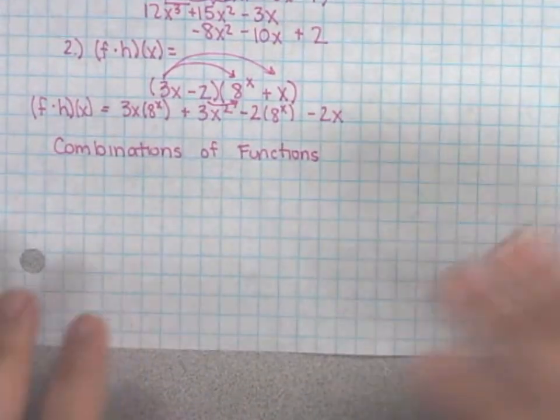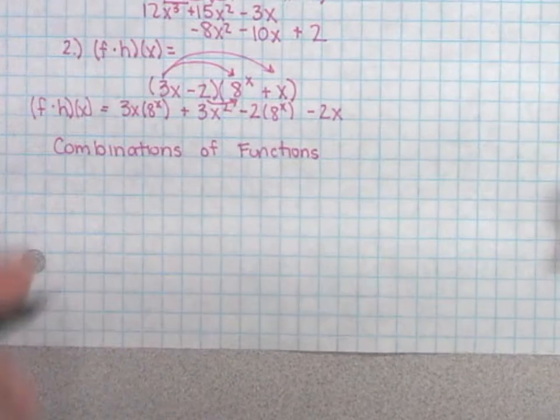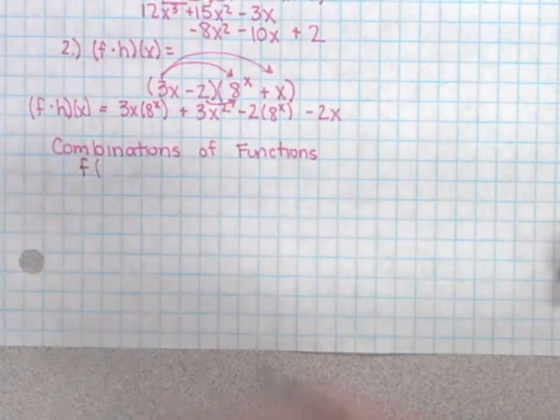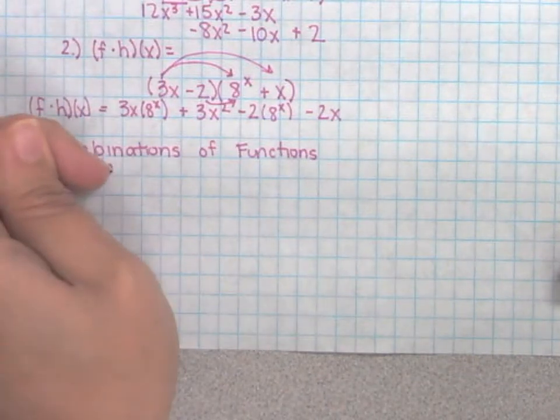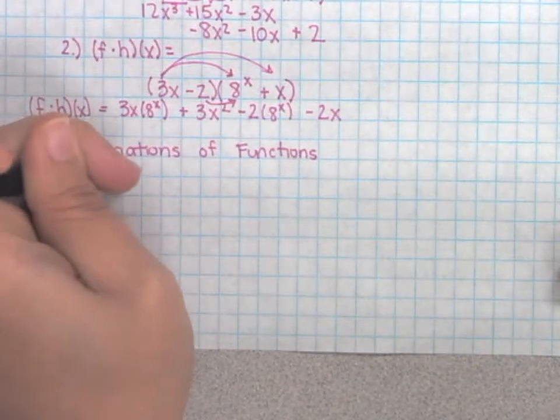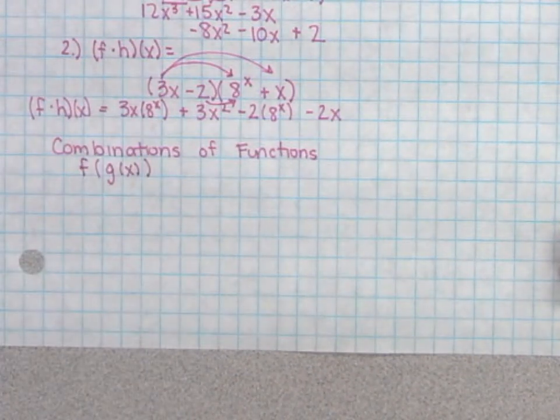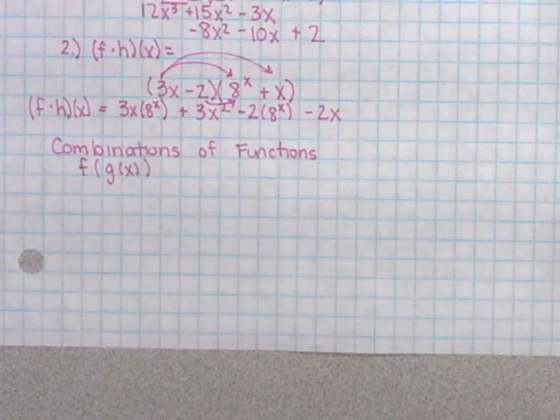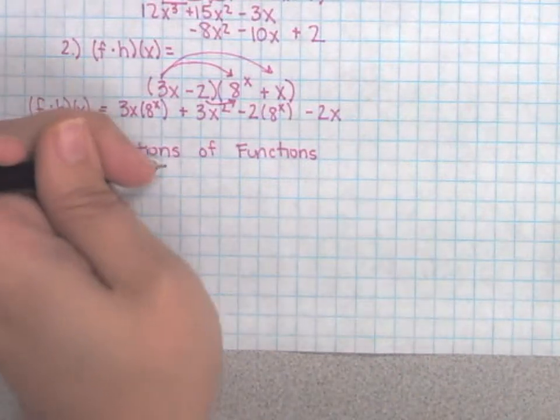Now we're going to use numbers and variables. Okay? So, you've seen it this way. f, parentheses, g of x. So the g of x is basically inside of the f. You have seen this before. Yeah, it was a review actually, but yes.